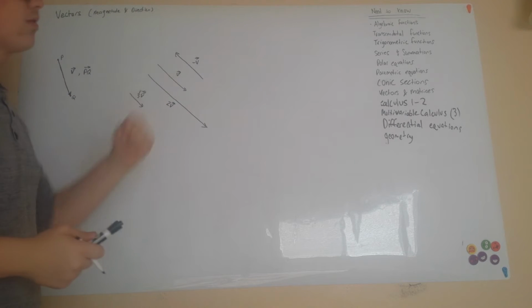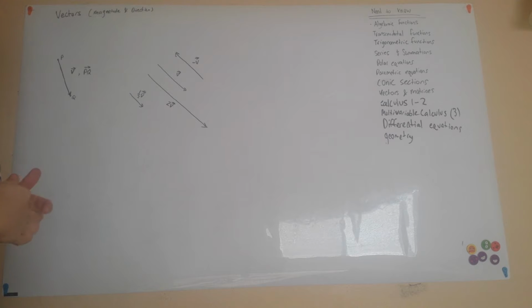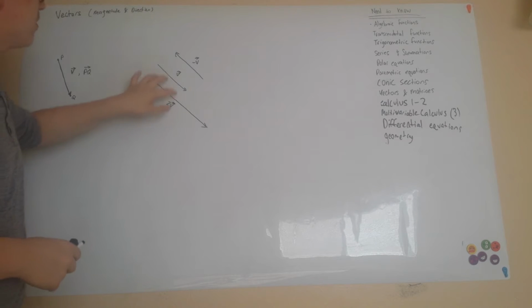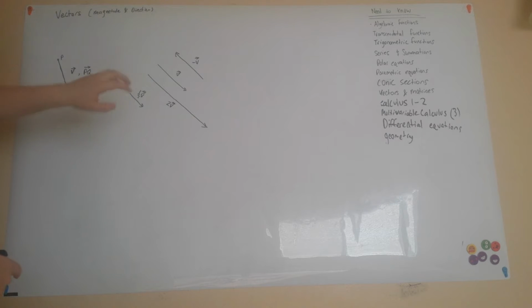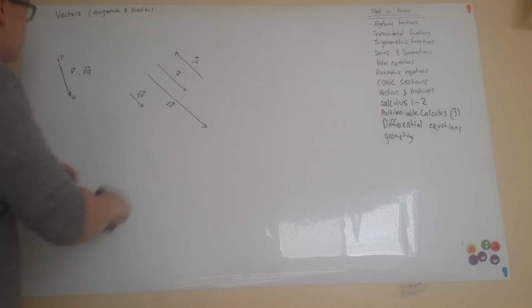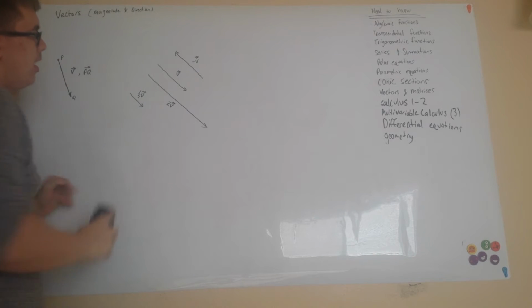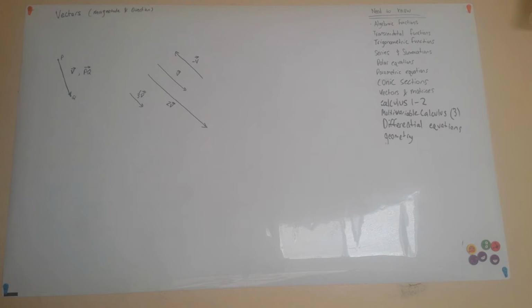You're having the negative of that vector. And these are the types of visual representations of scalar multiples. So these are scalar multiples. I'll leave that on the board. Okay.